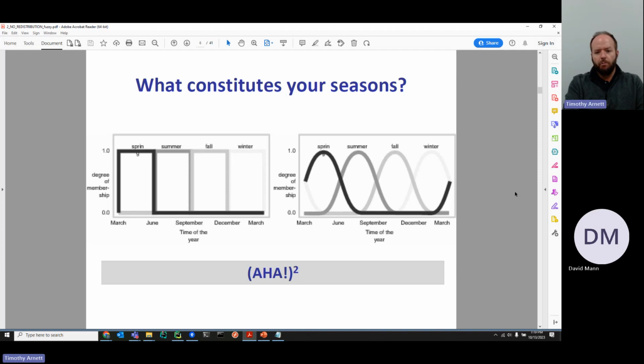We can see a similar thing with seasons of the year. We could describe the 4 different seasons as Boolean sets, classical sets, where your degree of membership is just 1 or 0. And you transition from one to the other in this binary manner where you reach a certain point, let's say June, where you just switch from spring to summer.